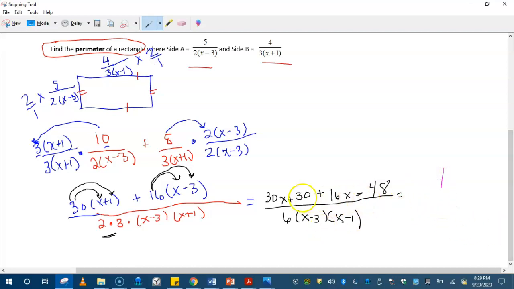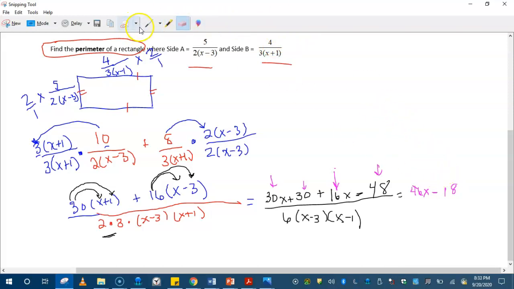Combining like terms. I'm going to combine my x terms, right? So the 30x plus the 16x, that's going to be 46x. And I look at my 30 minus 48, and that's going to be a negative 18.